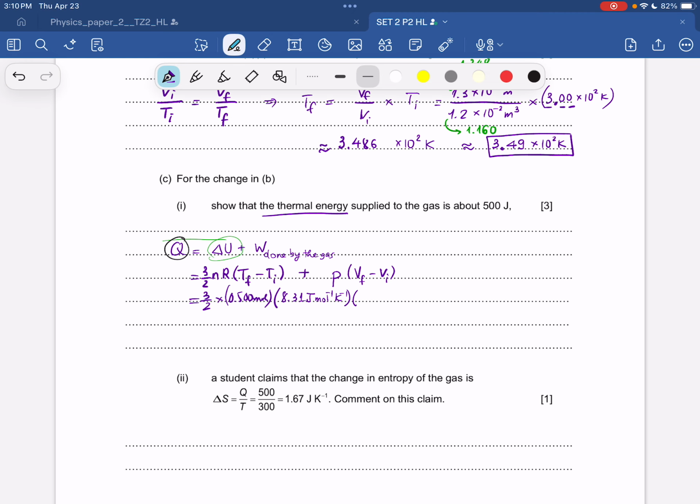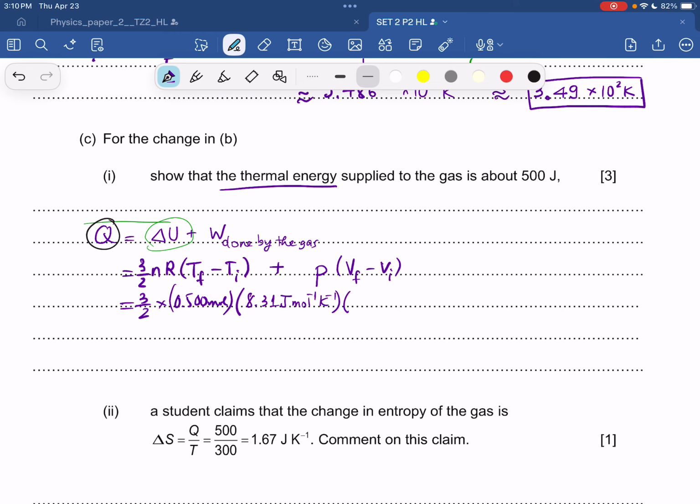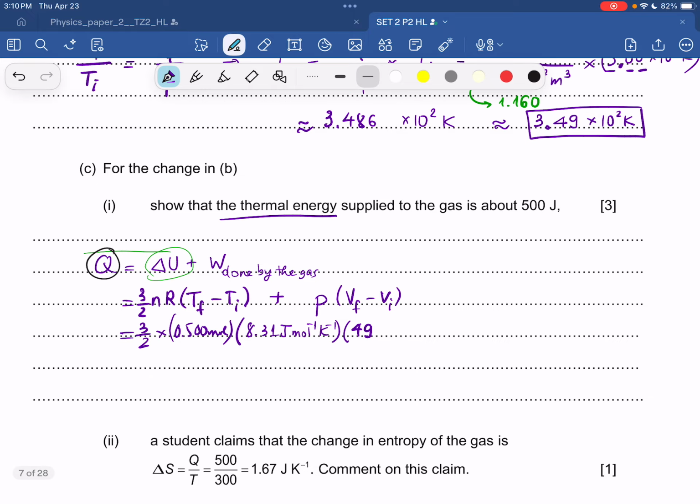Here, this is like 349 and this is like 300, so that's around 49 Kelvin, right? If you want to make it more accurate, you should use the values that have not been rounded yet, like 48.6, okay? But it should be okay if we use 49.